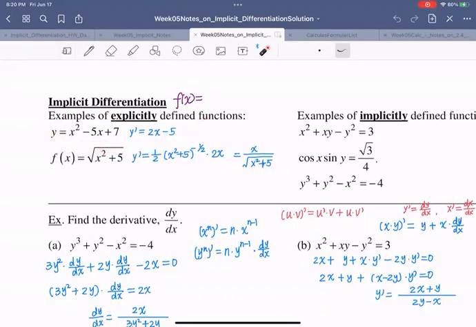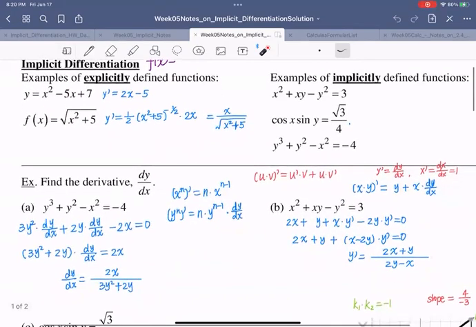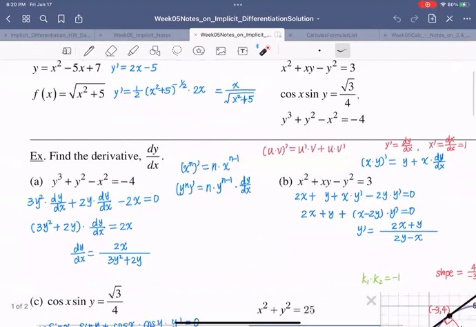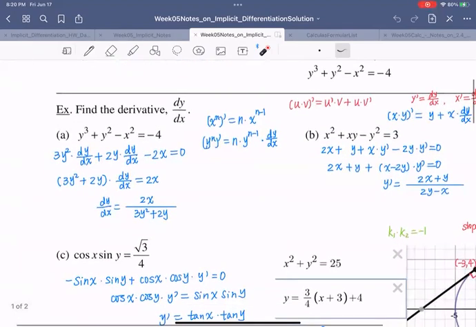Okay, that's easy. And then for here, you put 1/2 in front, and the power becomes negative 1/2 because 1/2 minus 1 is negative 1/2, and then times 2x. And then the 2 cancels. That's all easy. And then we have to deal with this kind of question.